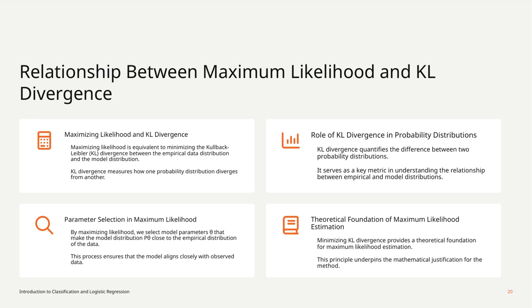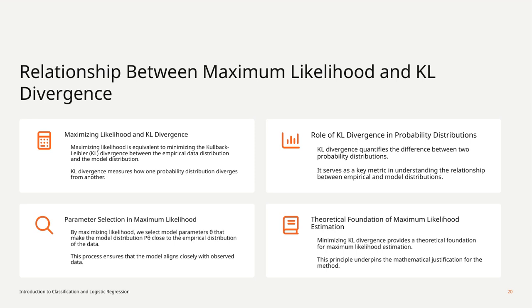Well, it turns out that minimizing the KL divergence between the empirical data distribution and our model's distribution is fundamentally the same as maximizing the likelihood. This means that, by choosing parameters that maximize likelihood, we're also minimizing the difference between how our model predicts and what we actually observe. The KL divergence acts as a measure of this difference.